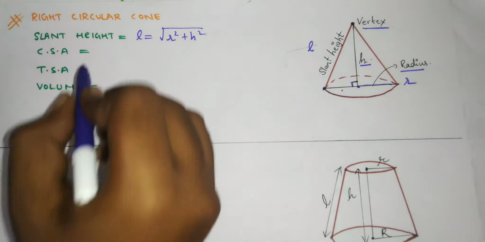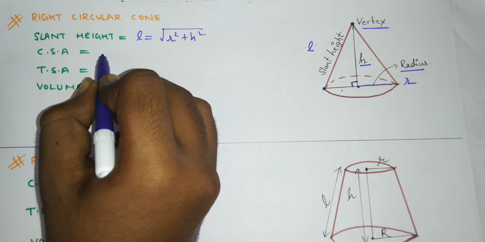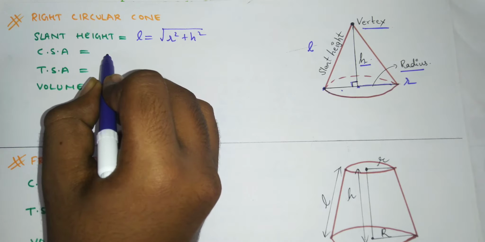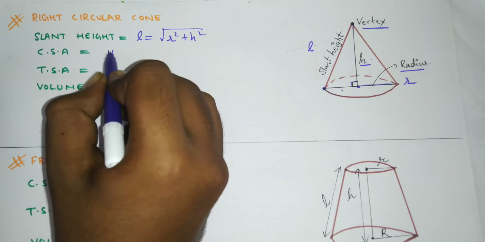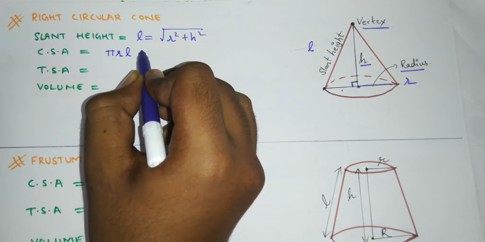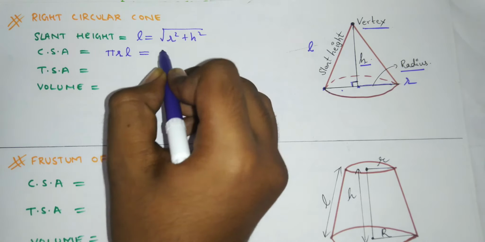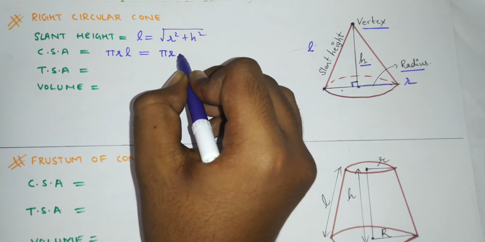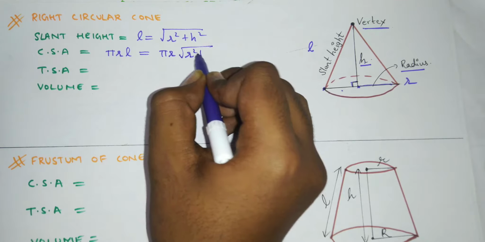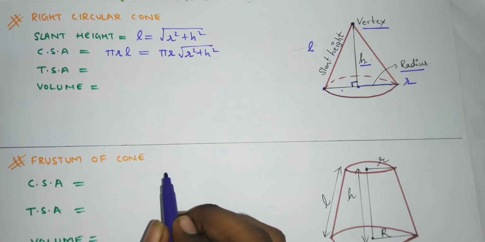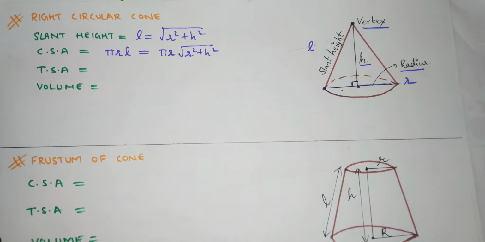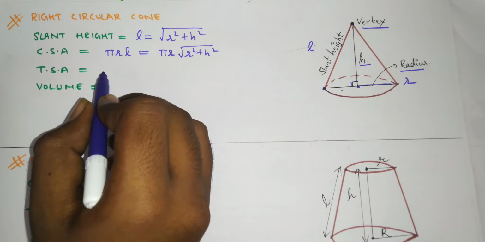Correct? Now moving on to curved surface area or lateral surface area, that is given by pi r L. We can also write it as pi into r into the square root of r square plus h square. Now moving on to the TSA, that is total surface area.